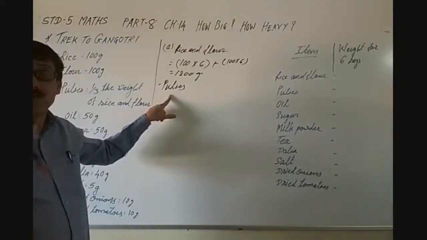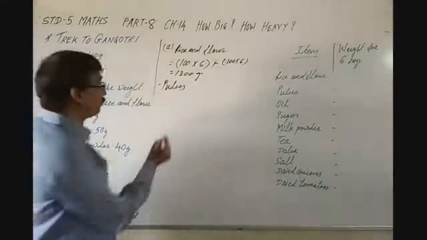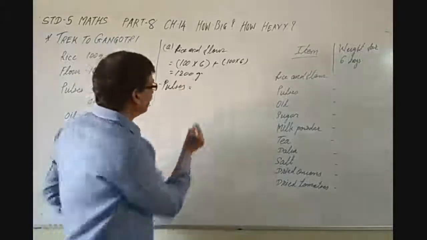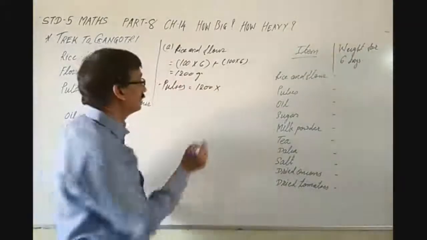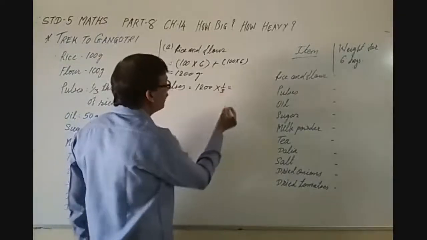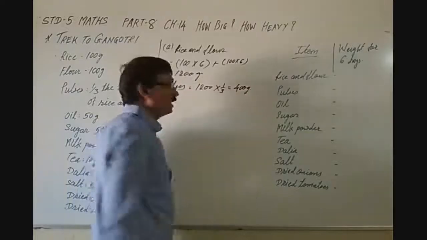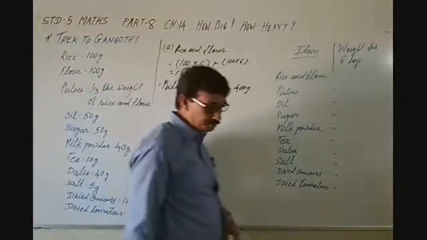So the weight of rice and flour is 1200 gram, and its 1/3 is equal to 400 gram, isn't it? So pulses will be required 400 gram.